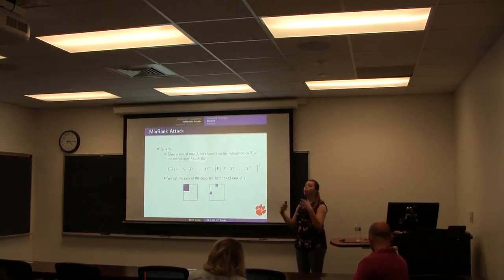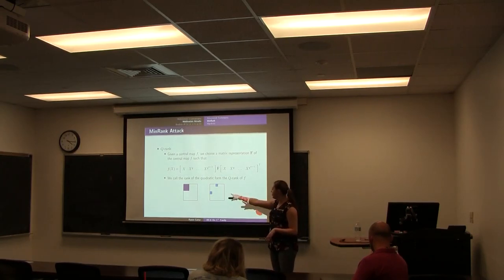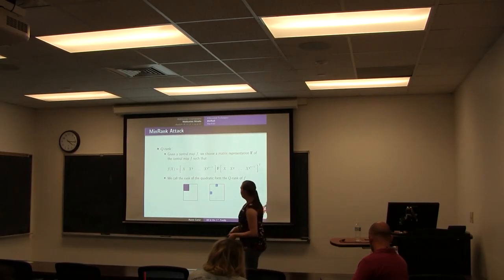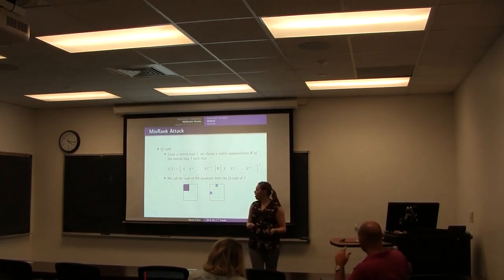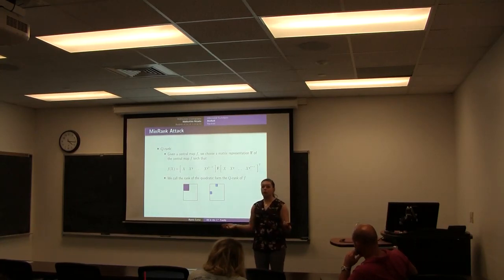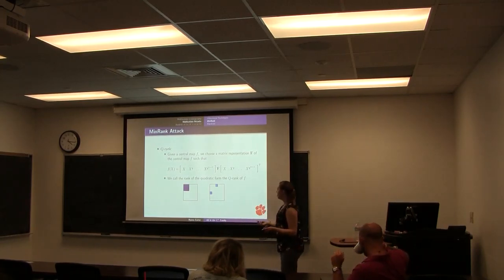So then the Q rank of F is going to be just what we think of as normal rank of that matrix, capital F. So these are going to be two different examples of what these Q rank matrices might look like. So this is an example of what the quadratic form of an HFE polynomial would look like.